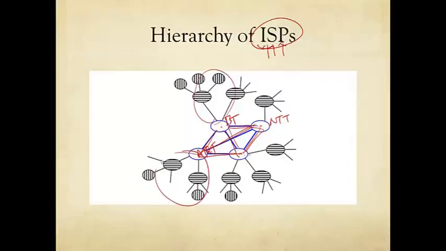So the fact of a global internet is because this network is supported by a backbone of tier 1 ISPs interfacing with each other through peering links. These are physical objects. They're actual undersea fibers connecting different points. But they're also business relationships.